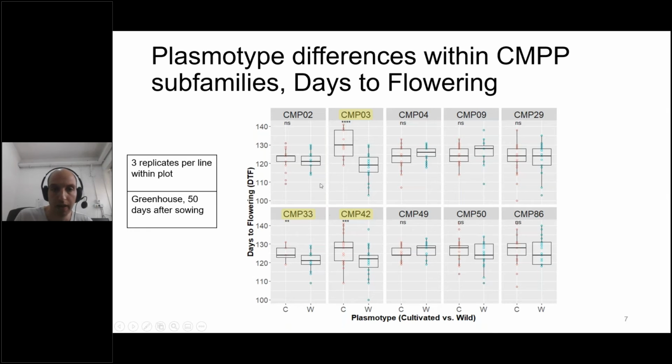For example, in the subfamily O2, the plasmotype doesn't have any effect on days to flowering, while for the O3 and 42 families, there are highly significant impacts of plasmotype on days to flowering. This also means that the diversity not only exists on the sequence level, it confirms that it has implications on the phenotype and even on very important field phenotypes.